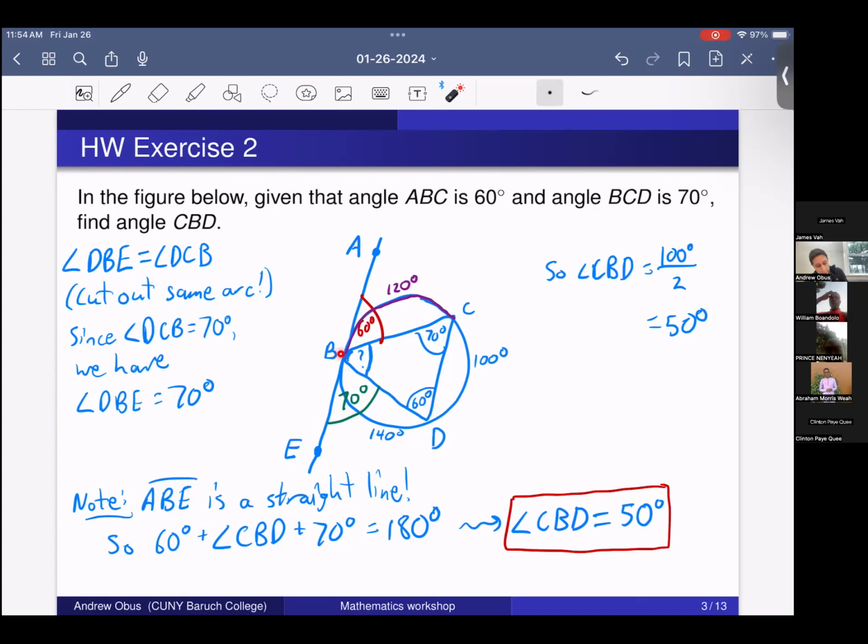Very good, very good. Right. So this angle is an inscribed angle, and the arc that it cuts out is BC. This angle is formed by a chord and a tangent, and the arc that it cuts out is also BC. It's the same arc, right?